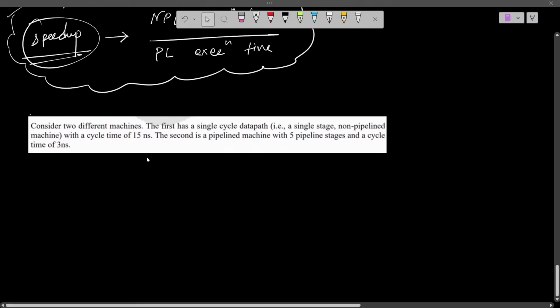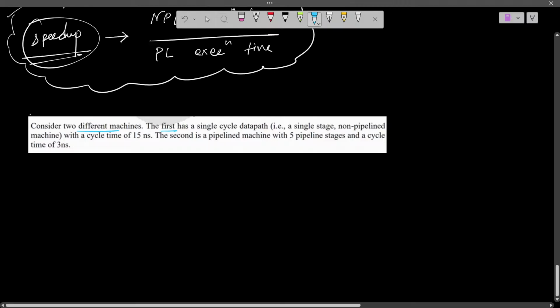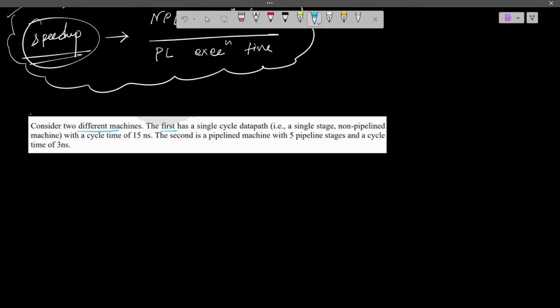Okay, so it's two different machines. The first has a single cycle data path with a cycle time of 15 nanoseconds. The second is a pipeline machine with 5 pipeline stages and a cycle time of 3 nanoseconds.